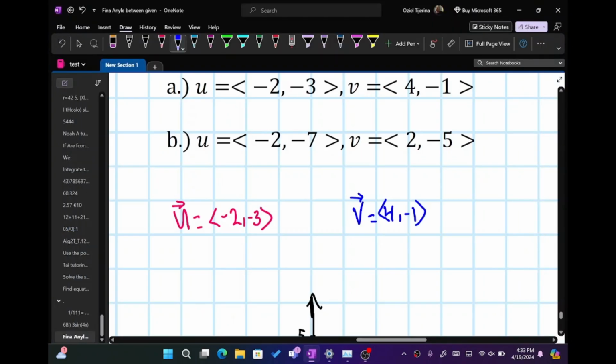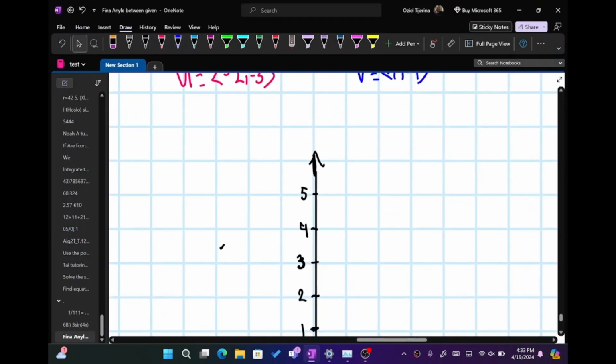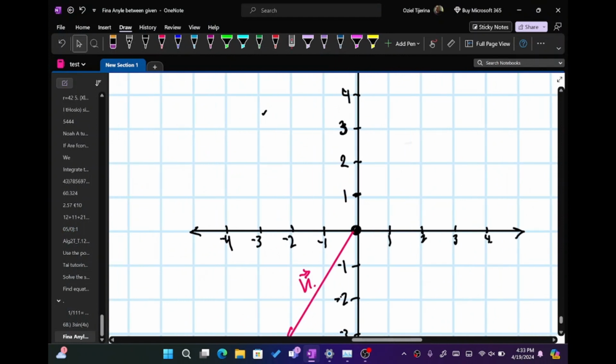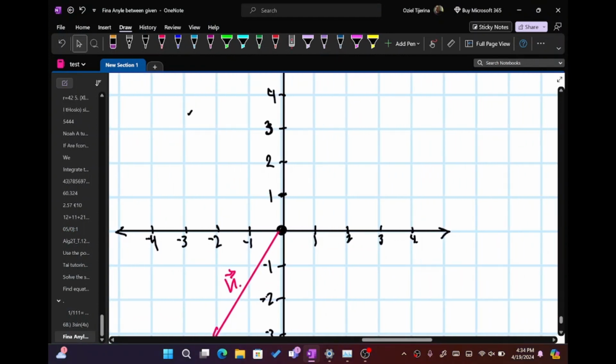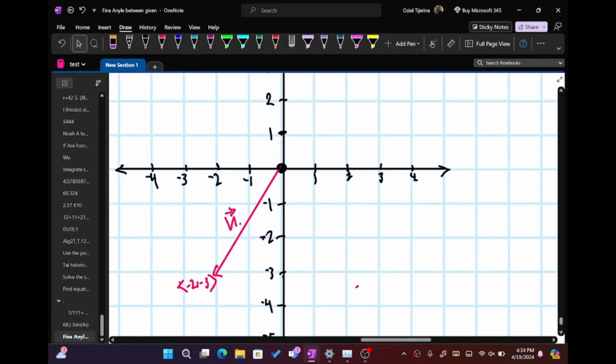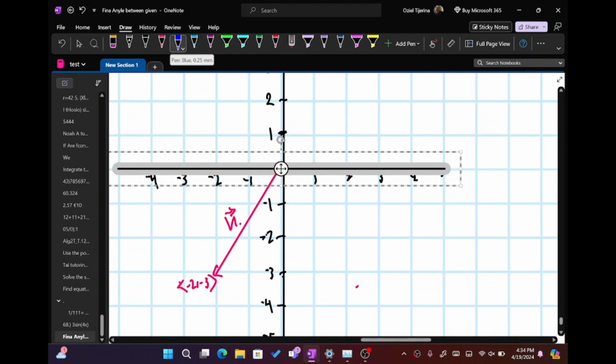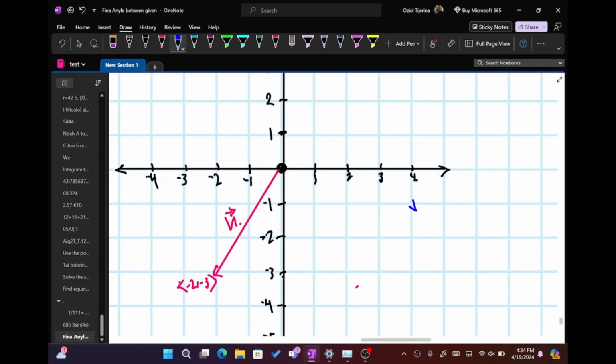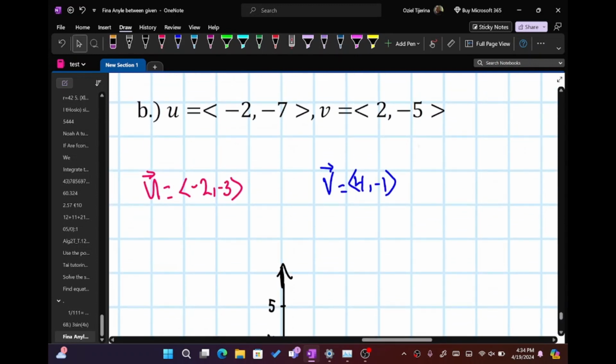Okay. So vector v is over here. I'll put a little arrow pointing this way, and a line going through here, and it should look something like that.